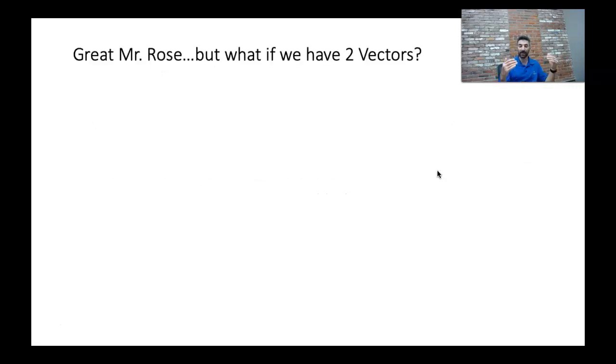Now, awesome. What if I have 2 vectors? Well, there can be questions where I have 2 vectors in 3-dimensional space that ask for a lot of things. Often they'll want to know the angle in between those 2 vectors.